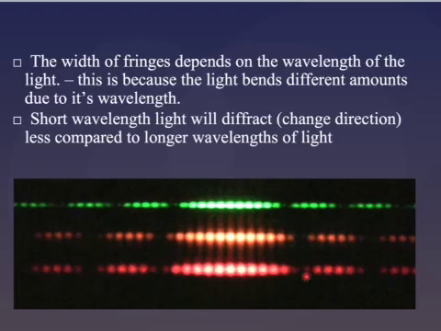We can tell from this picture because green light changes direction the least, it's the narrowest, and red is the biggest. So green has a shorter wavelength than red, and orange is in between them. This is actually one of the first ways that they could start measuring what the wavelength of different lights actually is, using this knowledge.